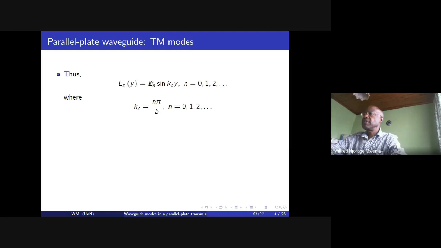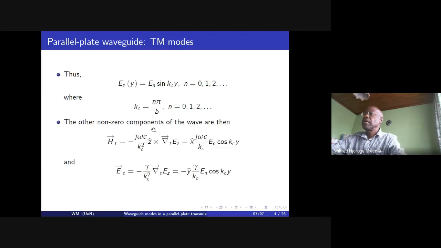If n is equal to 0, we see that Ez of y is going to be identically equal to 0, and we shall see that this is a solution for the parallel plate waveguide because the TEM wave can propagate between the plates.